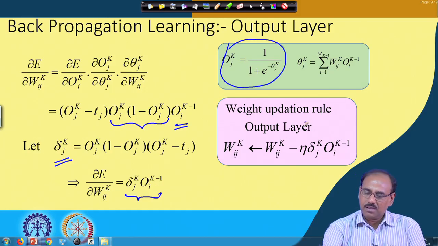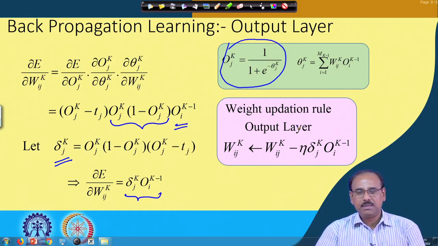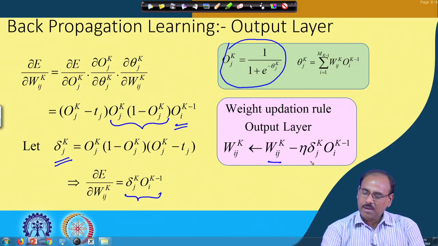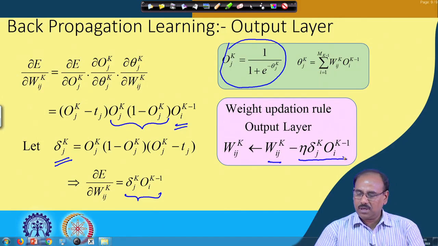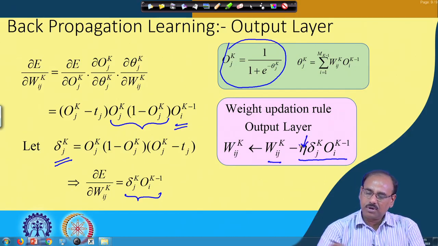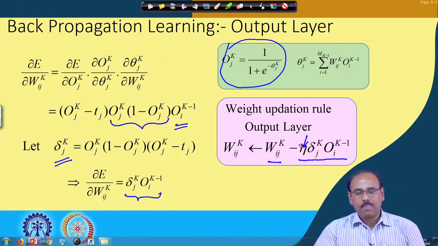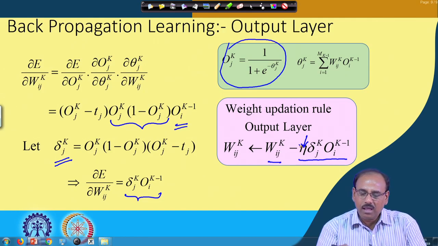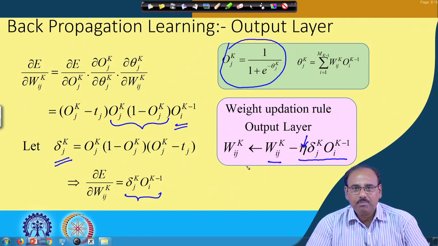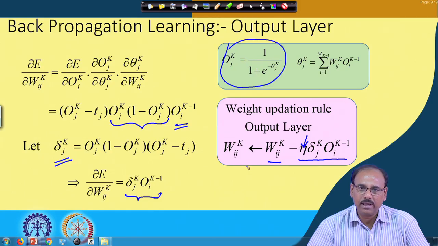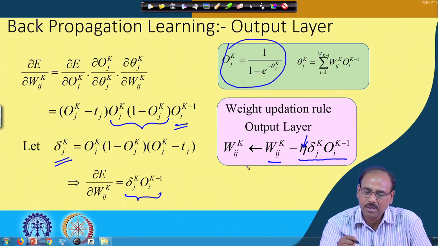And given this, the weight updation rule becomes Wij = Wij minus eta times δjk Oi(k-1), where this eta, as we said before, is nothing but a constant which controls the rate of convergence, or the learning rate. So, this is how I can update the weights of the output layer, that is the layer between the output layer and the layer just before the output layer.